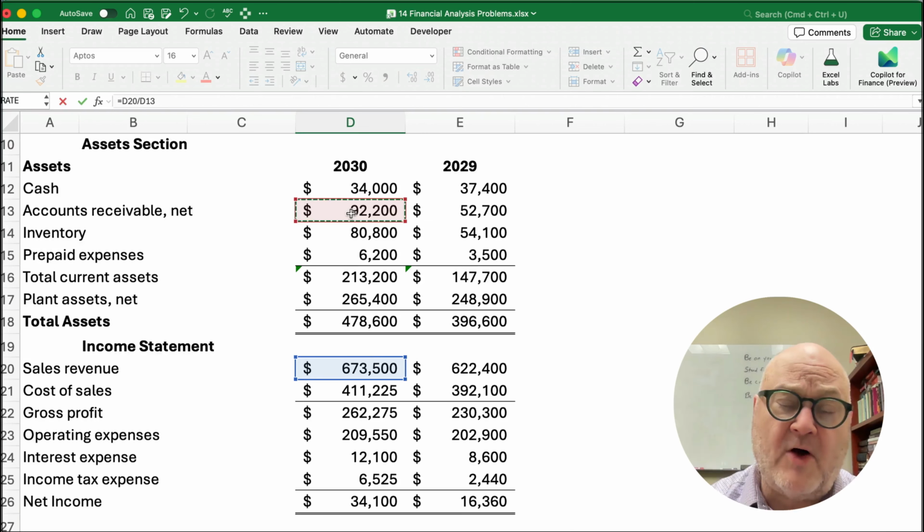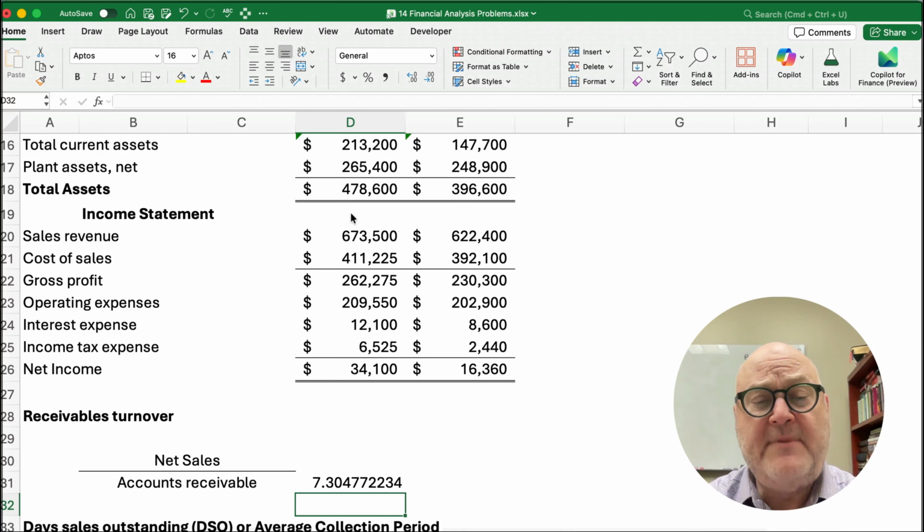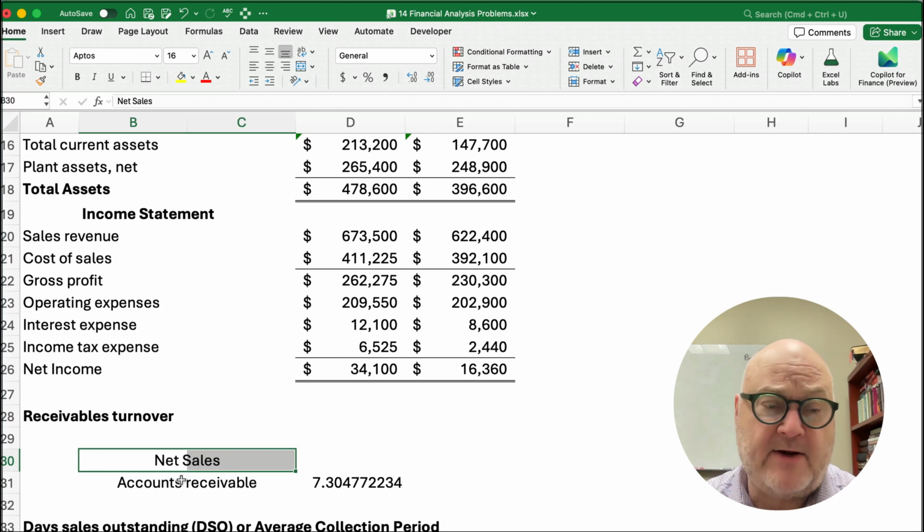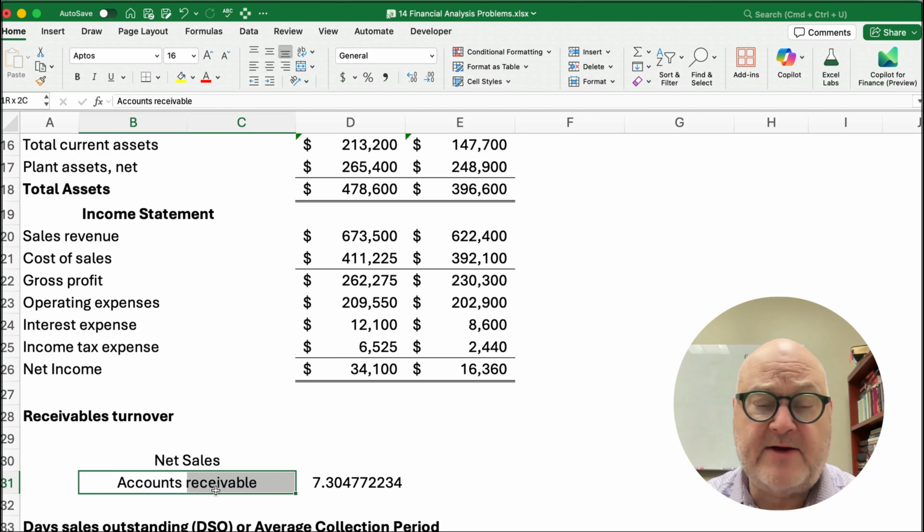Now, all ways how to measure this is we're taking a ratio, a fraction. So we say for every 1 on the bottom, how many do we have on the top? So remember, the top is called a numerator and the bottom is called a denominator. So this is essentially 7.3.